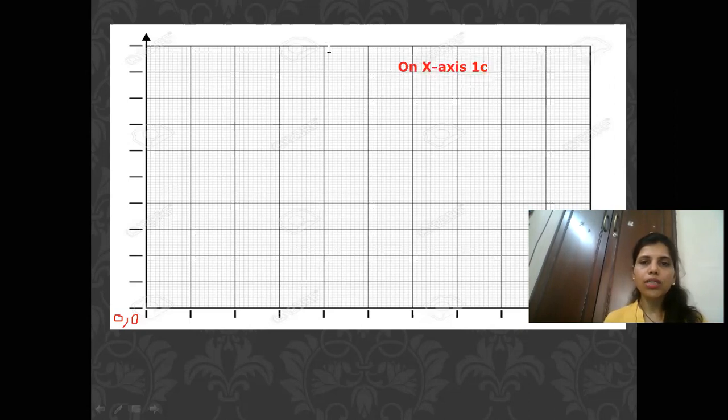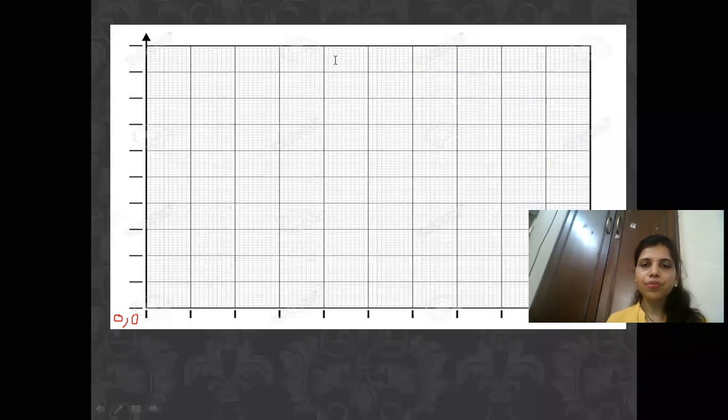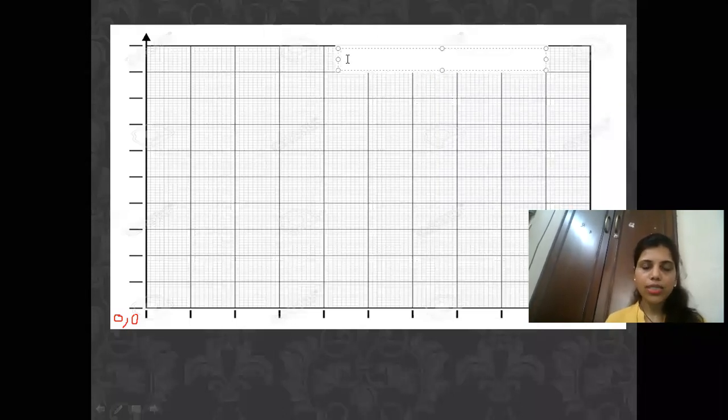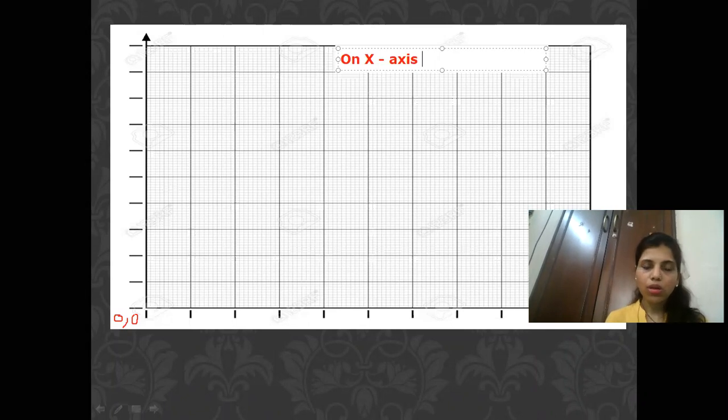Let me clear what I have written and rewrite it once again. So here you can see on the x-axis, 2 centimeter, because two boxes, is equal to 1 second, because the time interval is given as 1 second.